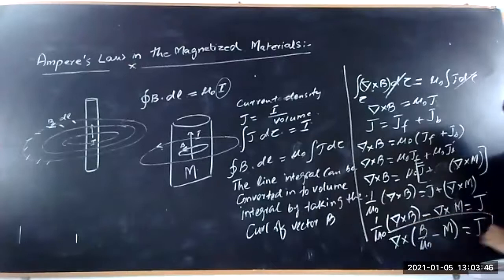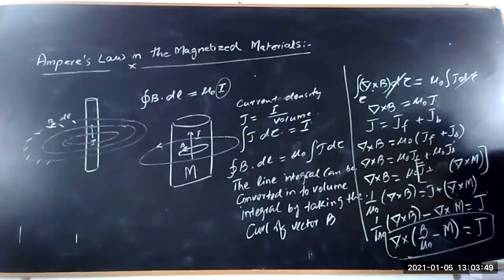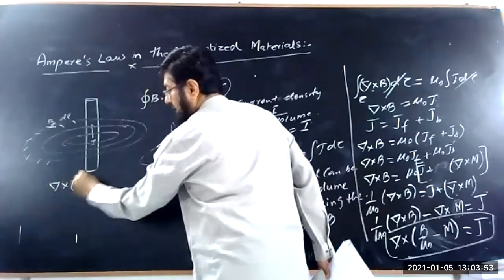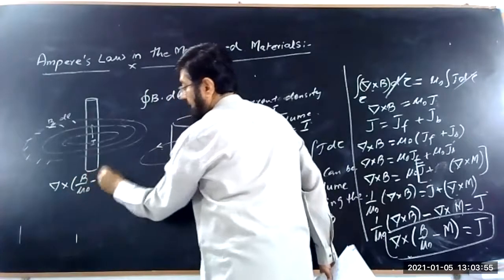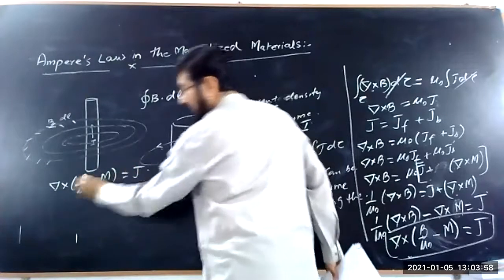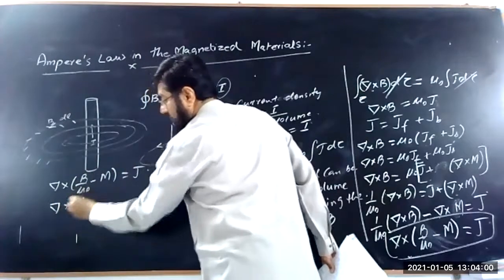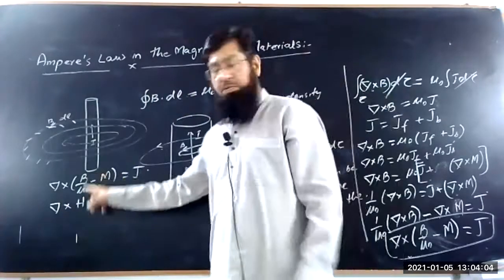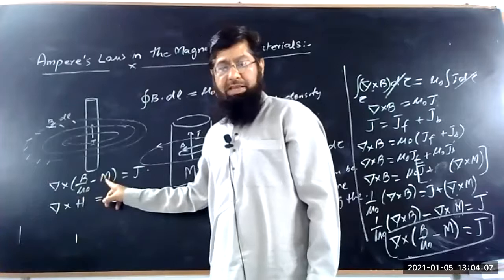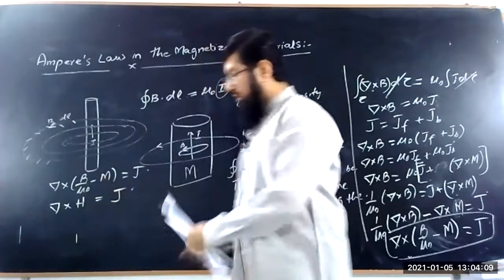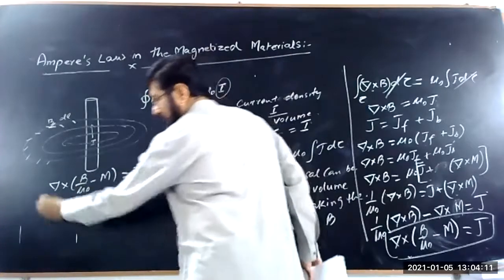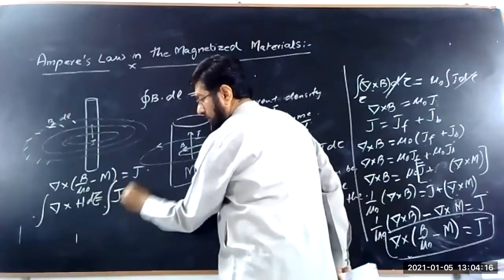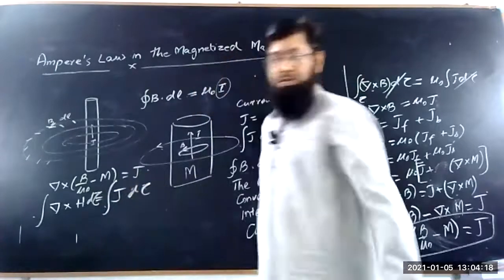So this is the equation now. Here, curl of (B upon mu naught minus M) is equal to J. This can be written as H. This H is defined as B upon mu naught minus M. This equation can be rewritten by integrating both sides over the volume.